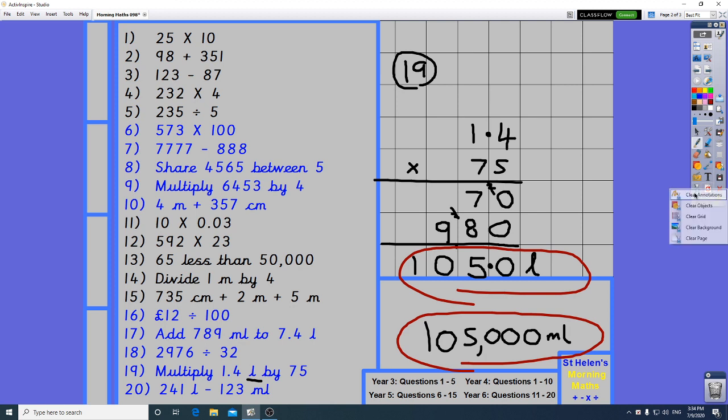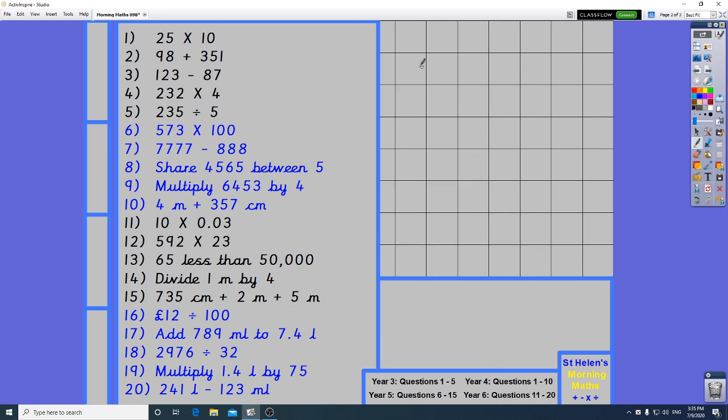And finally, question 20, the last question. If you've done this before me, I was kind of hoping you'd get tricked. I wonder if you got tricked. Because 241 is in litres and 123 is in millilitres. So I'm going to change the litres into millilitres. 241 litres.